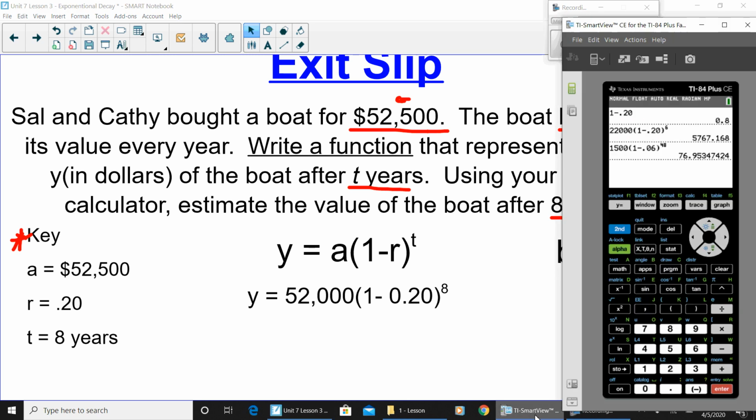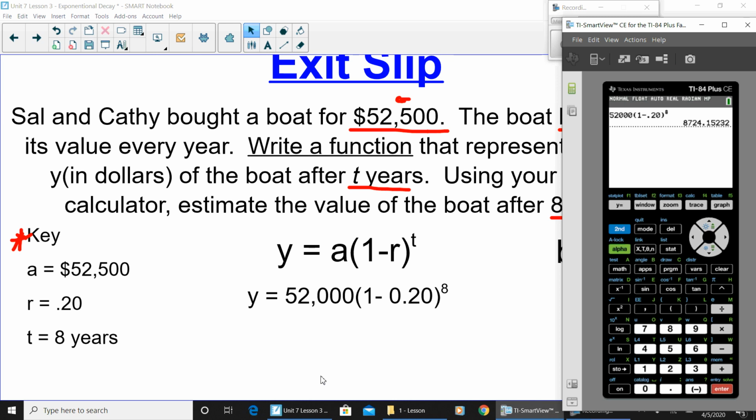I'm going to grab the calculator, which is everything that you should always have in front of you. 52,000, 1 minus 0.20, and then to the 8th power. And then you press enter.